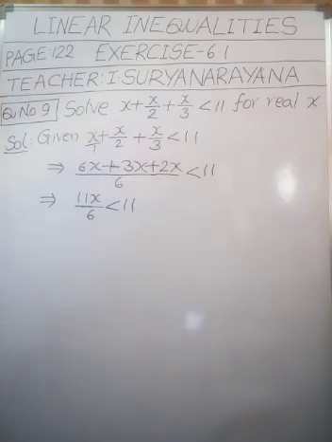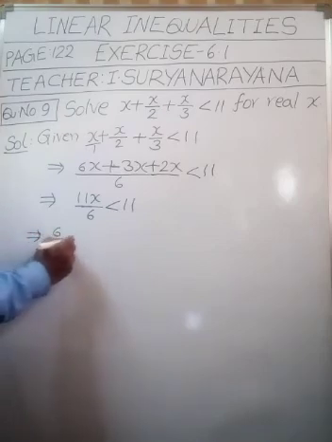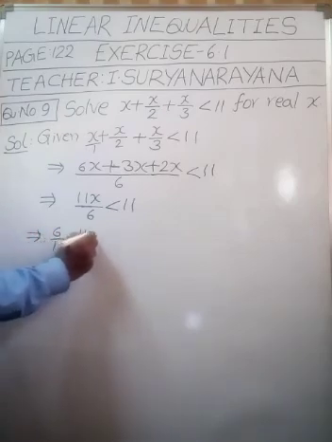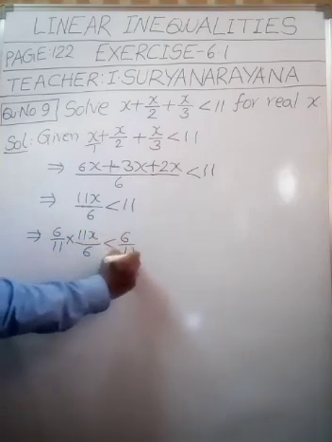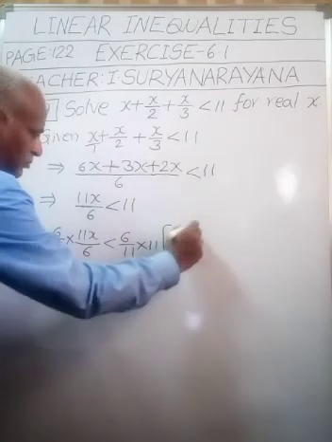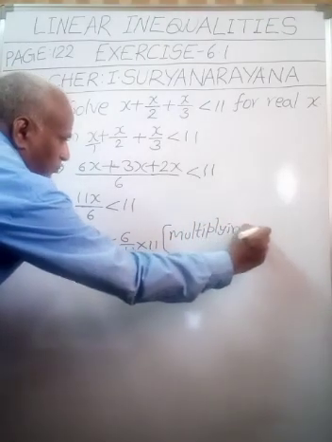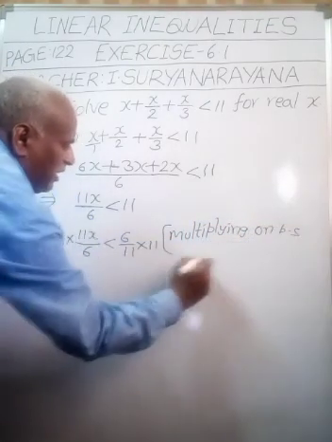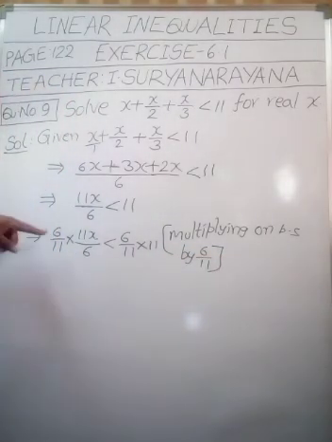So multiplying on both sides by 6 by 11: 6 by 11 into 11x by 6 less than 6 by 11 into 11. On multiplying on both sides by 6 by 11, we got this step. Understood this step, my children?